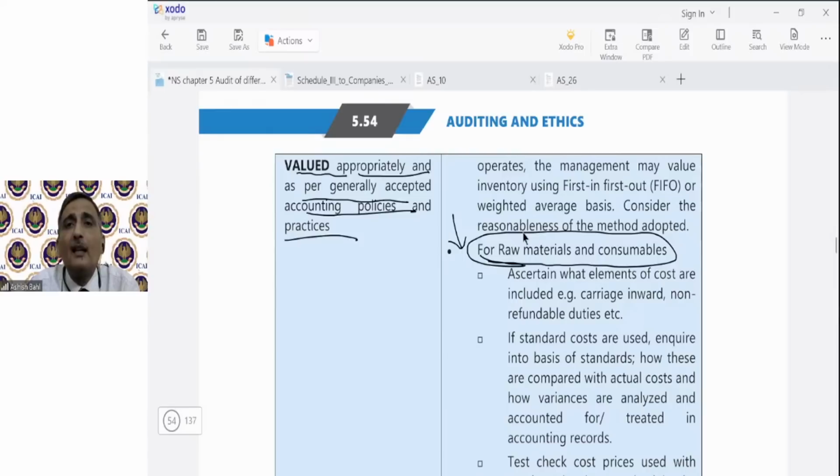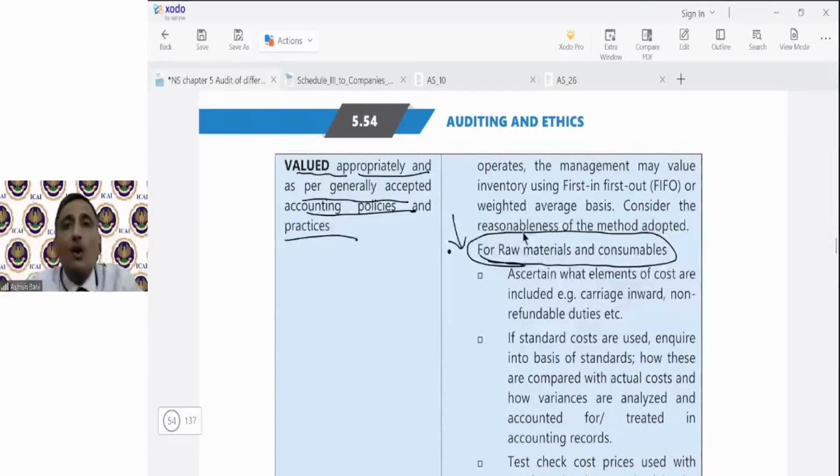not refundable. Like, say a company is importing some raw material from another organization located in some foreign country. At the time of import of those items, obviously customs duty would need to be paid. Import duty would need to have been paid at the custom station from which it is cleared.